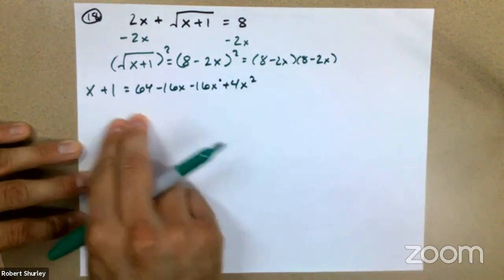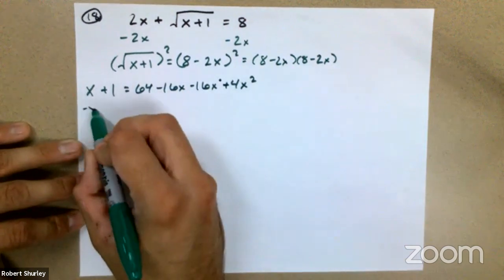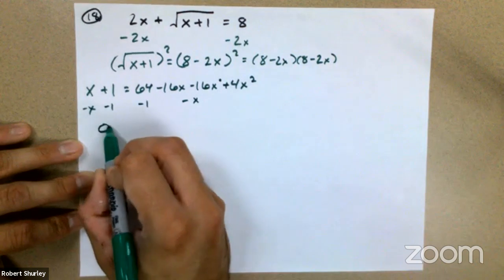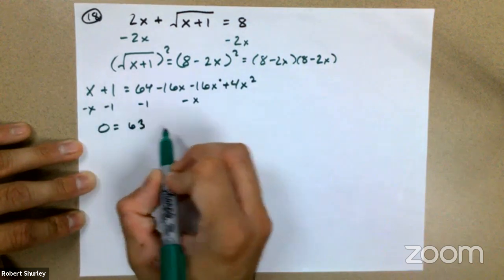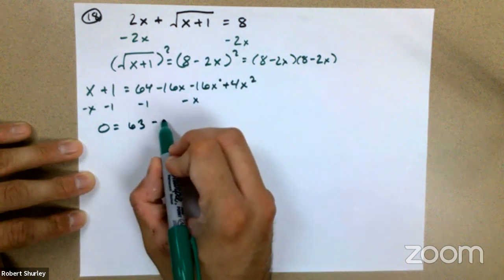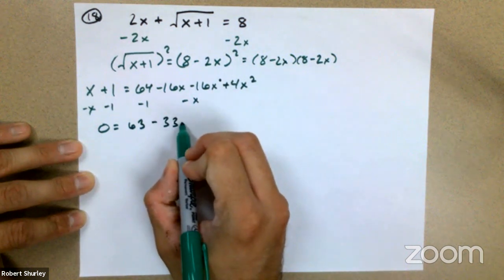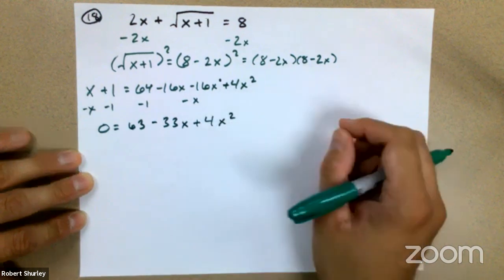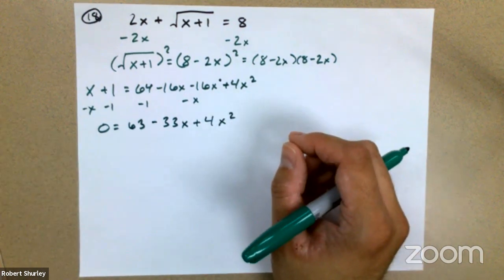Now I'm going to move this stuff to the right. So I'm going to subtract the x and subtract the 1. And I get 0 equals 63 minus 33x plus 4x squared.